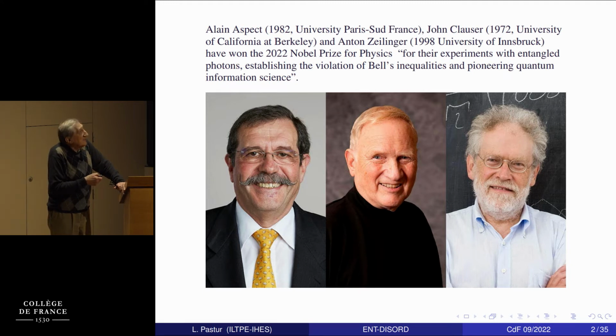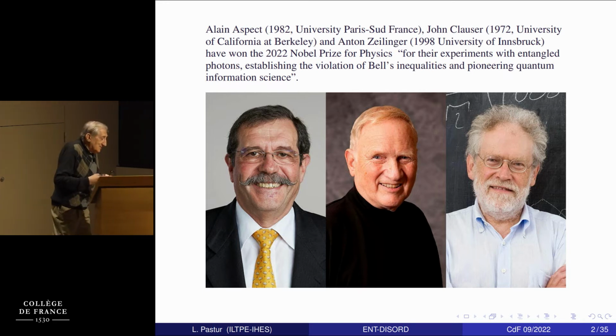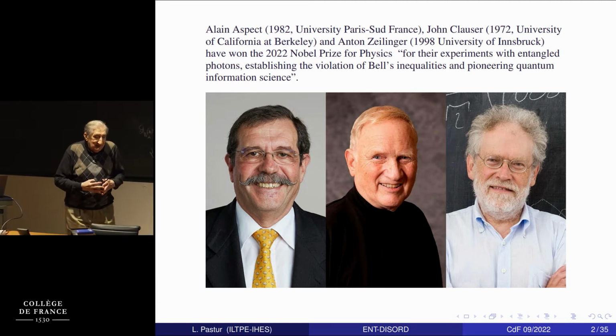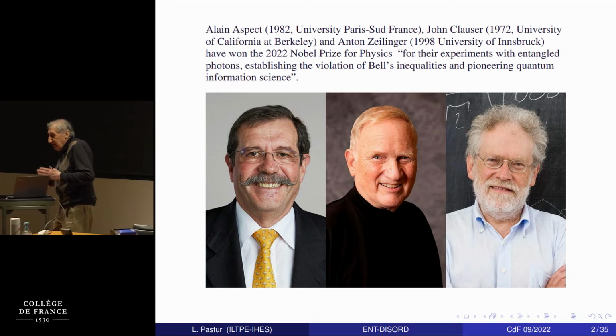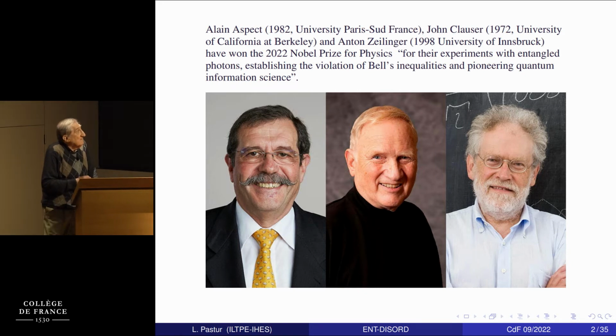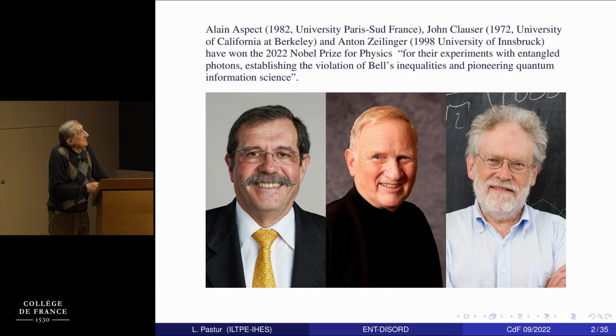Then next was Alain Aspect from Paris, France, 10 years later, who made a much better experimental setting using quite interesting tricks, measured the same setting, and confirmed the result by Clauser.